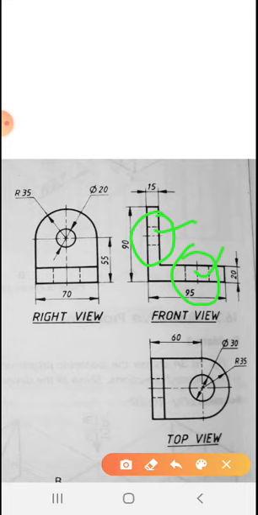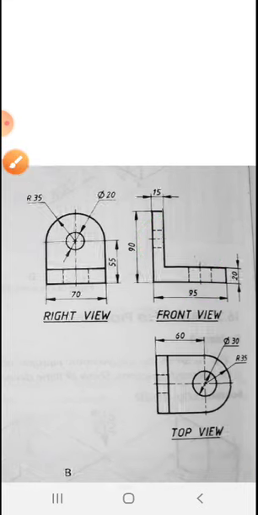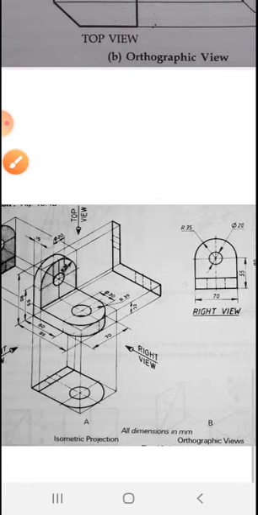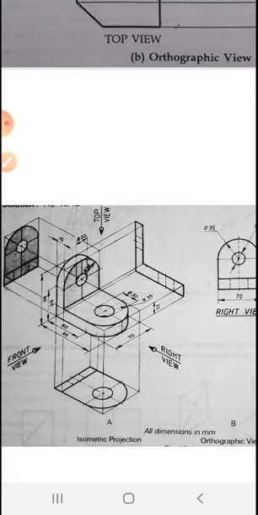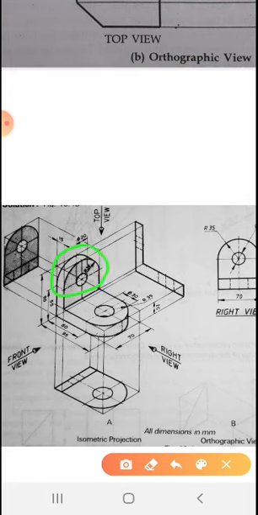And the semicircular ends of the vertical and horizontal plates: this is the semicircular end of the vertical plate, and this is the semicircular end of the horizontal plate.